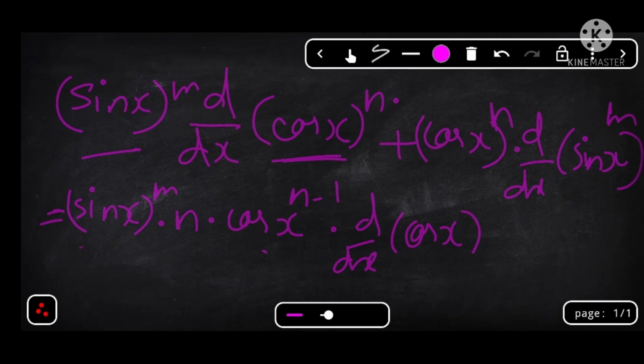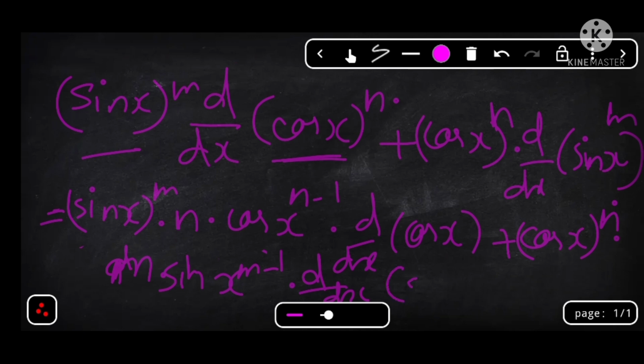In the last problem we saw how to solve this. Plus here cos x whole raised to n into, what is d by dx of sin x whole raised to m? That is m sin x whole raised to m minus 1 into d by dx of sin x.